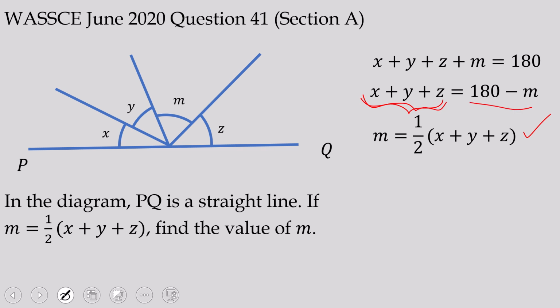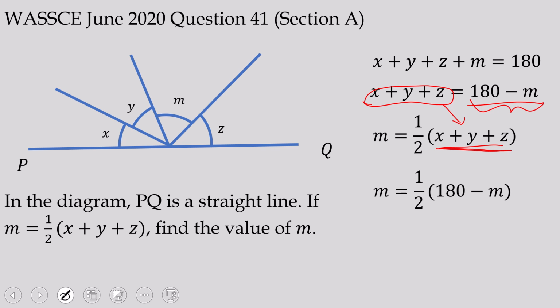So I'm going to replace this x plus y plus z inside of this bracket over here with this 180 minus m, because that is also x plus y plus z. So we have x plus y plus z over here being equal to 180 minus m, and we have x plus y plus z over here. So I'm just replacing this, okay, and it is equal to this 180 minus m.